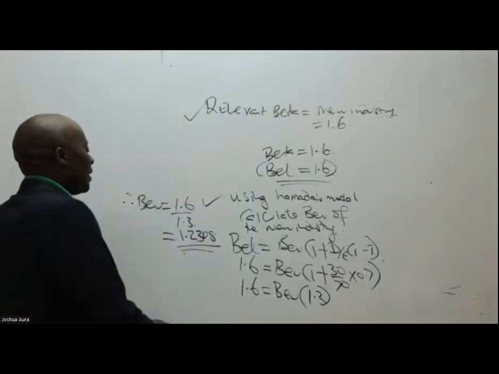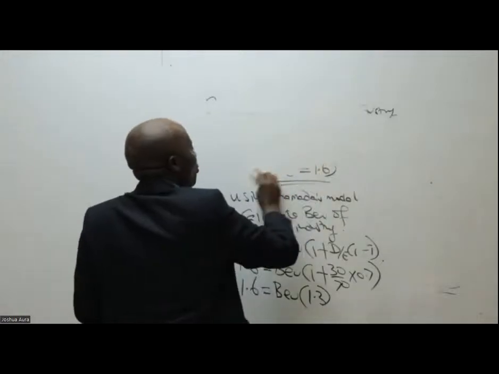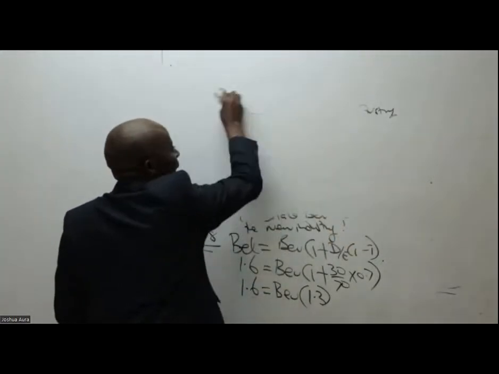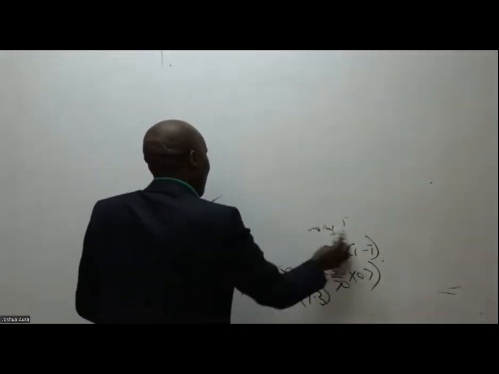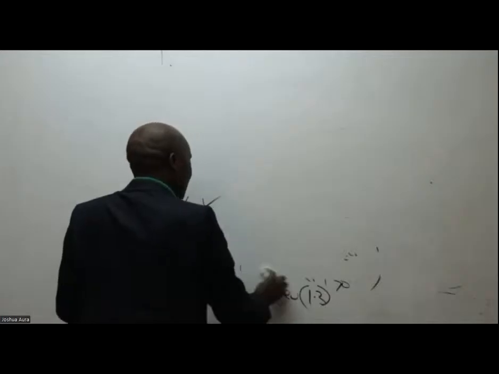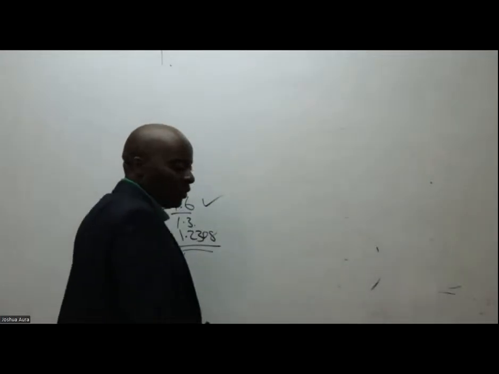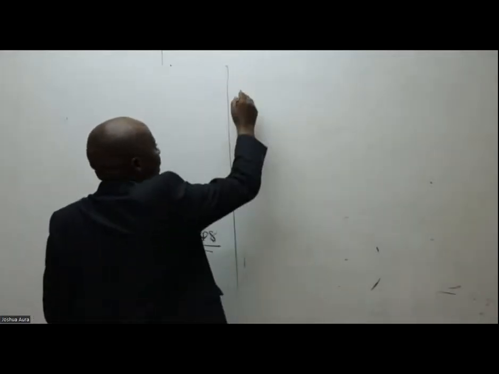So after getting this BEU, now I can apply this BEU of the relevant new industry to the various scenarios given. Now this becomes very easy for me. So I go to the various scenarios given. What I'm doing now here is the localization.